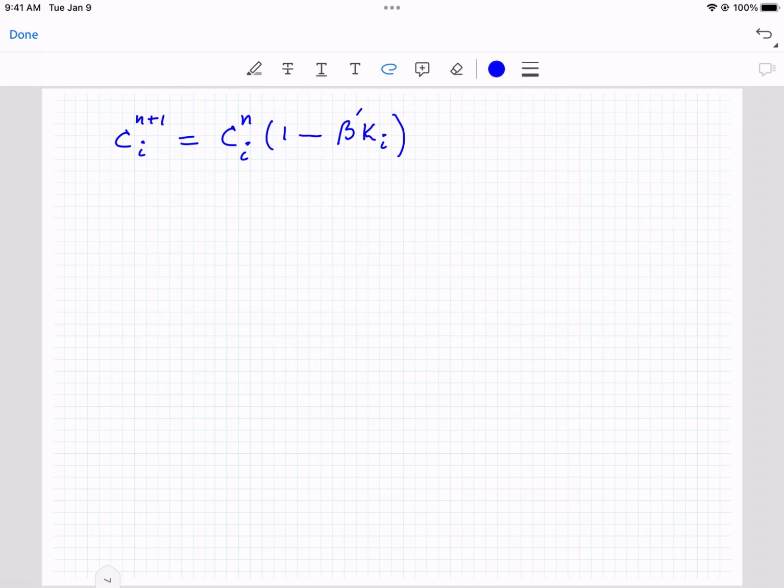But then there's also going to be an influx, and I'll do this as beta prime, and then it's coming in from all over, and so we have the adjacency matrix, and then we also have the concentrations at time n from node j. And so that's a way of thinking of this in discrete time.